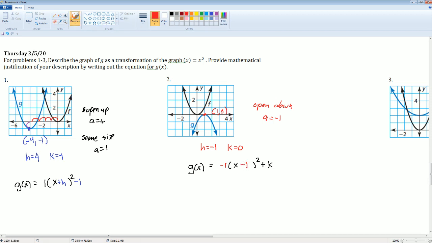Be careful: if this is -1, the new vertex has to be 1, so these are opposites. Plus k. K here is 0, so we can just write plus 0 if you like. So there you go.